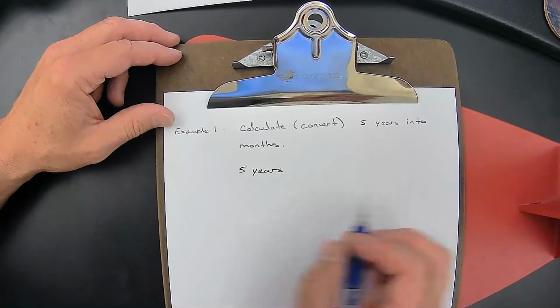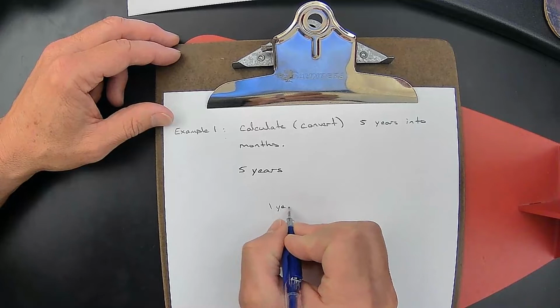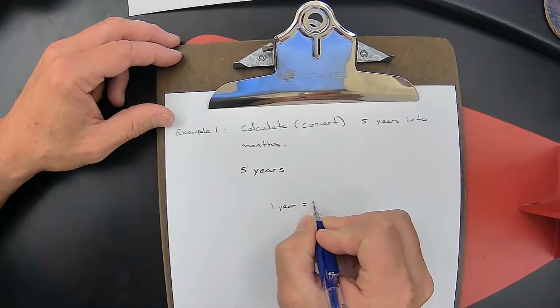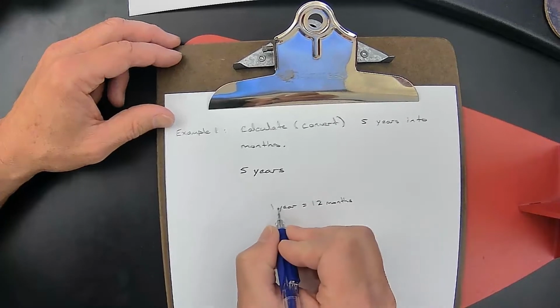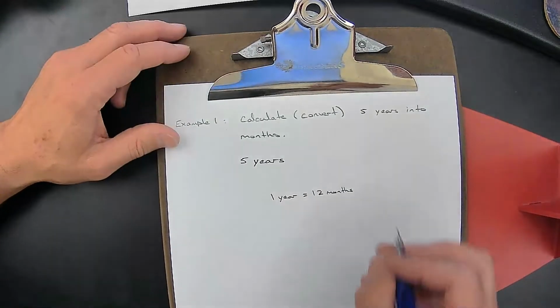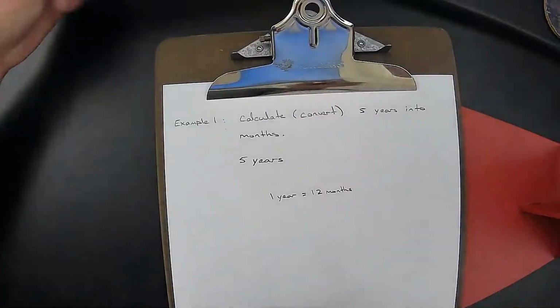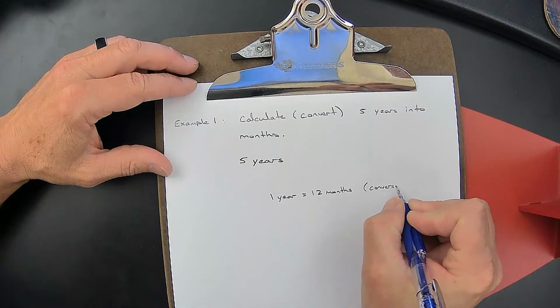My solution map from years to months is I know that 1 year is equal to 12 months. Sometimes this is going to be multiple conversion factors. Another name for the solution map is conversion factor. This is a conversion factor.